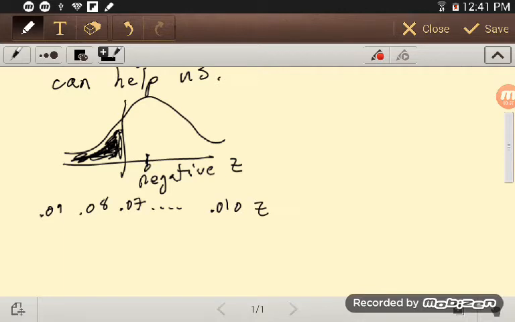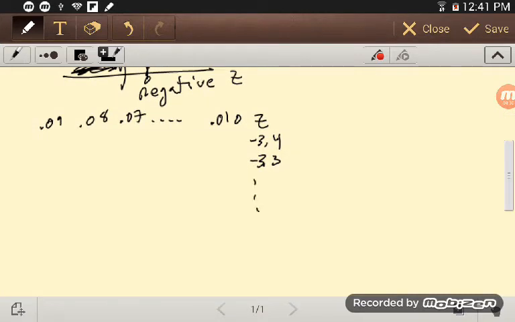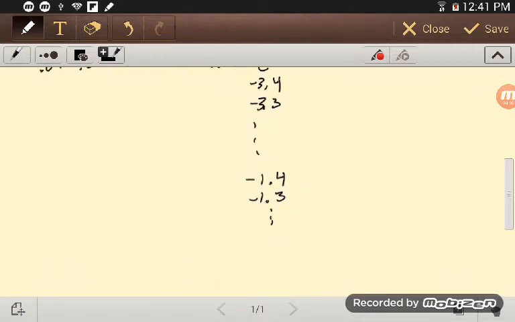And then down below the Z, it has negative 3.4, negative 3.3, and it just keeps going by tenths down here. You know, negative 1.4, negative 1.3, and keeps going, and finally gets to negative 0.3, negative 0.2, negative 0.1, and 0.